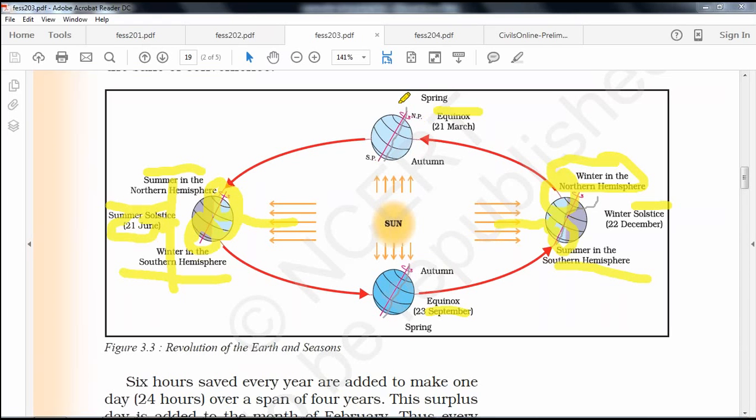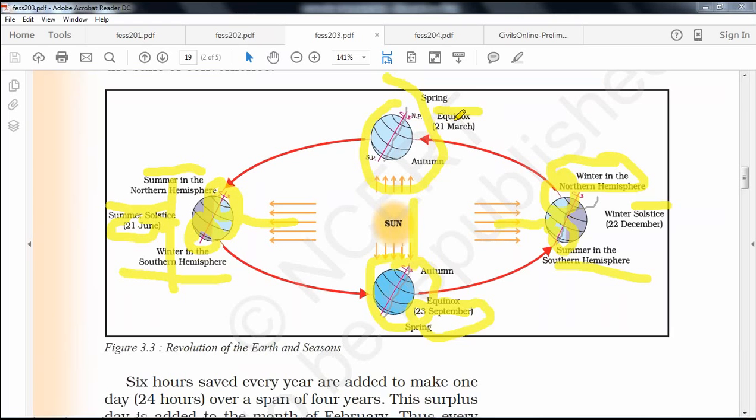Then we have the other two positions, the equinoxes. So what is equinox? The name indicates equal. The day and night durations are equal in these two positions. One equinox happens on 21st March, and the other on 23rd September.